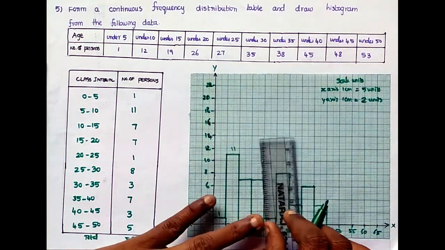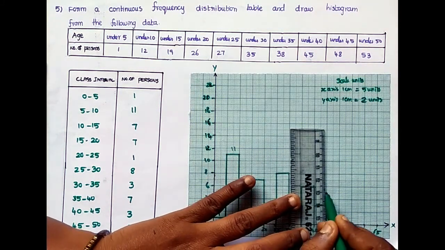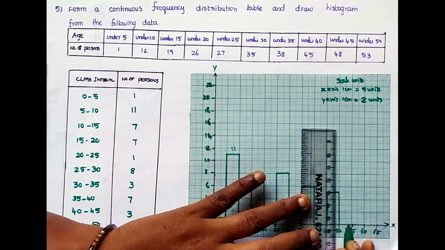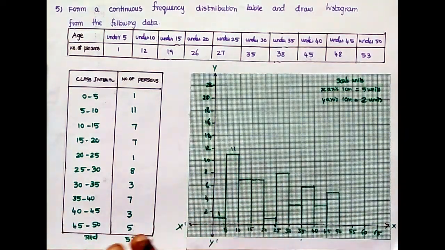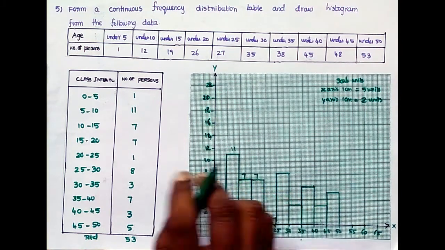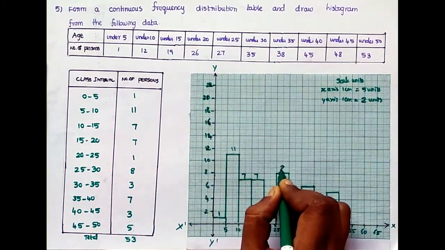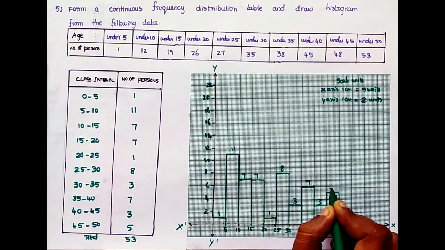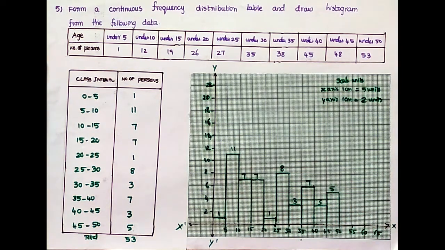Next 5. So the values are 7, 7, 1, 8, 3, 7, 3, 5. Here, which one?